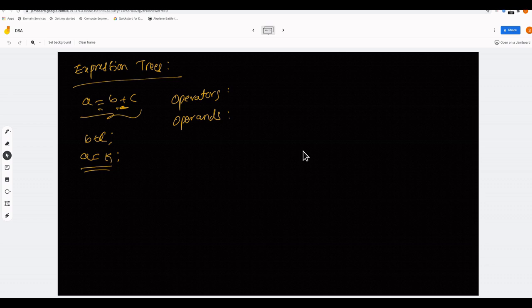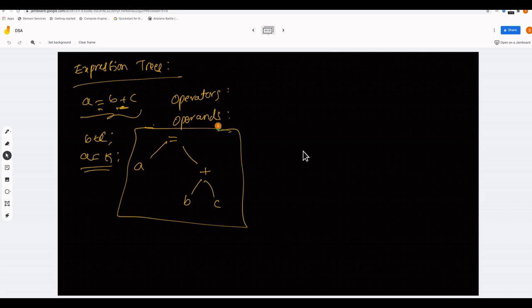For a equal to b plus c, the way it is evaluated by a computer is that it first constructs the tree for b plus c, and then adds equal to, giving a equal to b plus c. So equal to is at the root and a is here, and on the other side plus is an intermediate node.